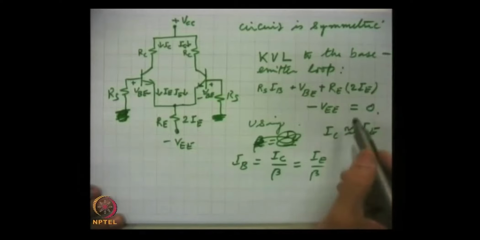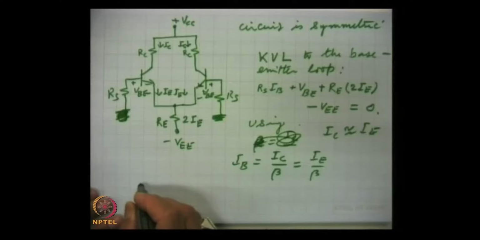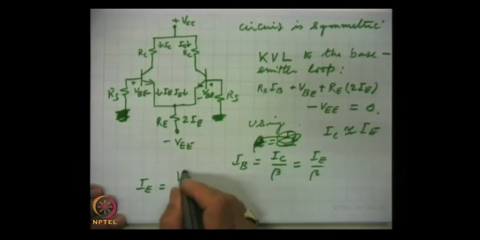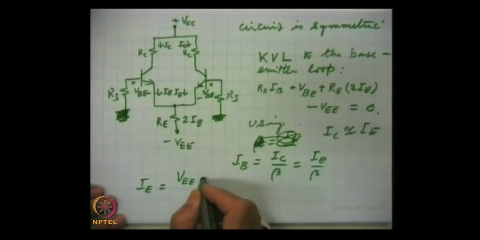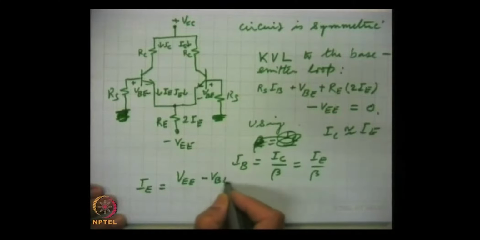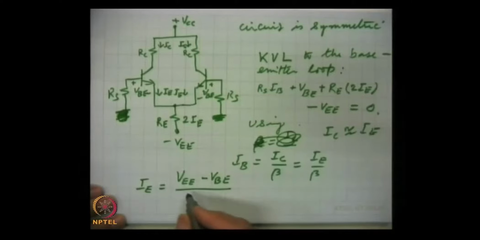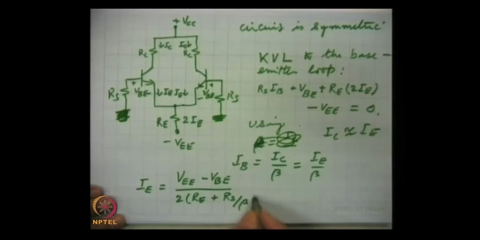So, from this equation we come to IE equal to VEE minus VBE by twice RE plus RS by beta.